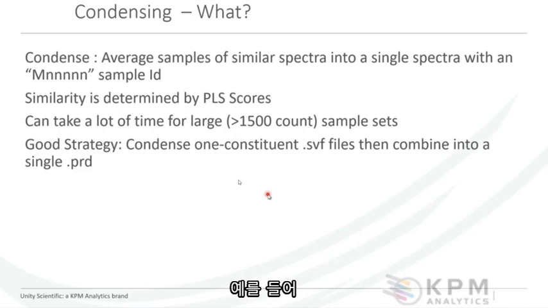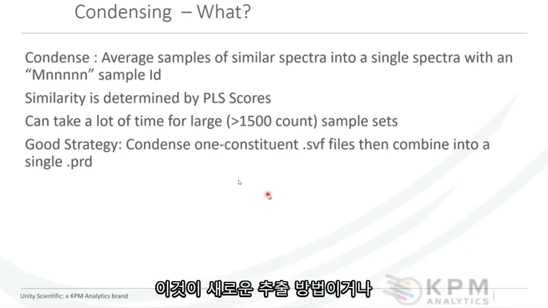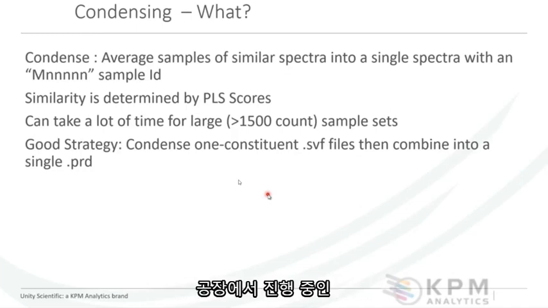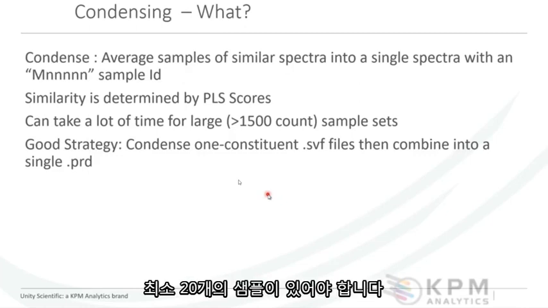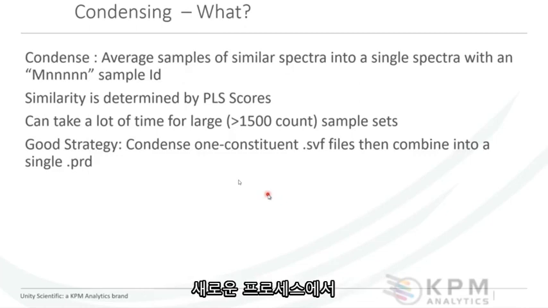So if you've got, for example, a soy meal calibration and you've got a new extraction method or a new process going on in your factory, so your soy meal looks a little bit different. If you have a calibration set of 200 samples, you need to have at least 20 samples from this new process to be able to effectively update your calibration. 30 or 40 samples would probably do better depending on how significant that change is.